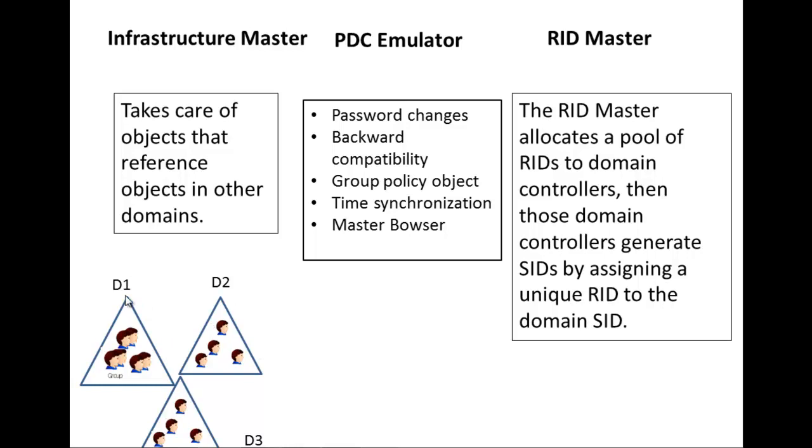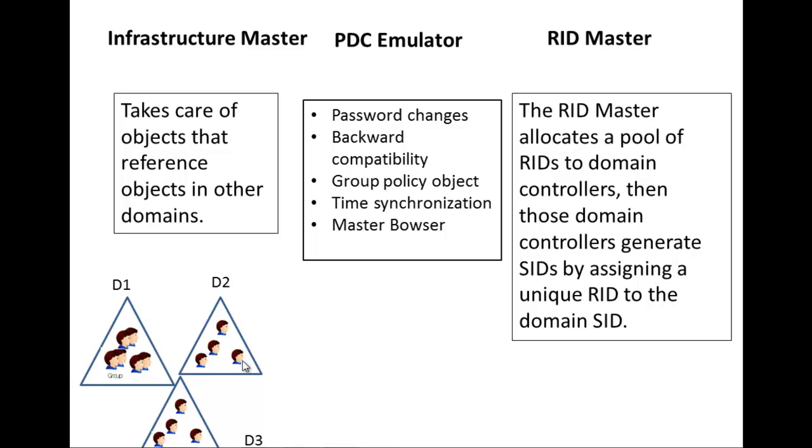So we have 3 domains here: domain 1, domain 2, and domain 3. In domain 1, we have created a universal group. This universal group is made up of members from domain 2 and domain 3.